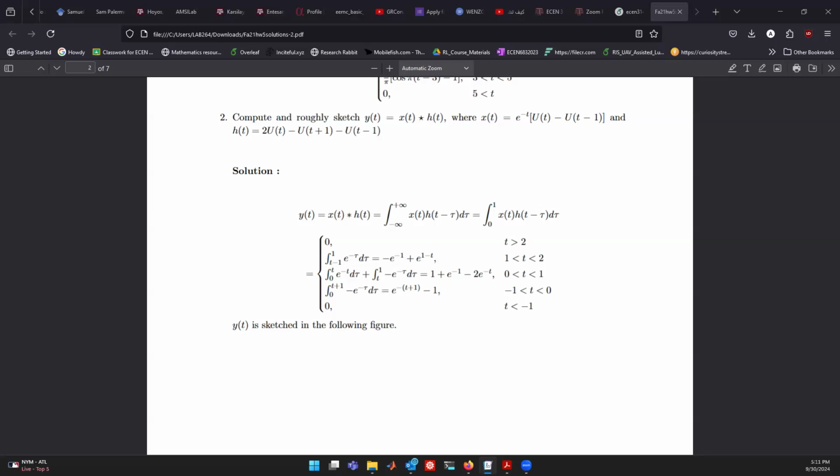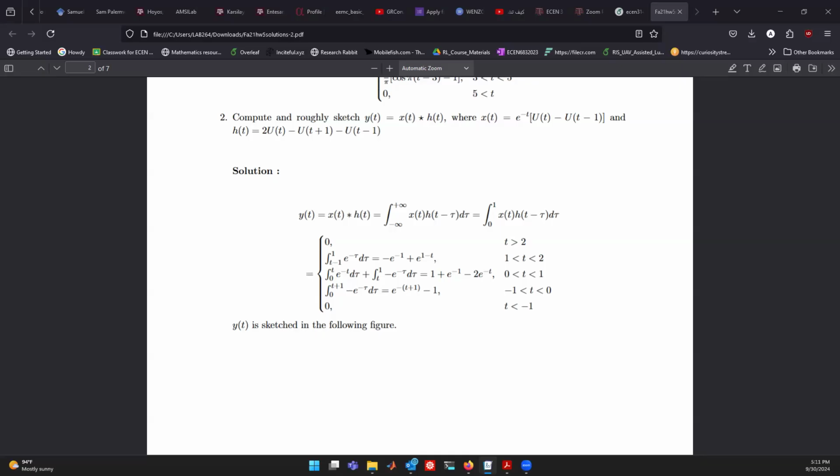After shifting by t, this was 0, so if we shift to the right by t, this will be t, this will be t minus 1, and this will be t plus 1.